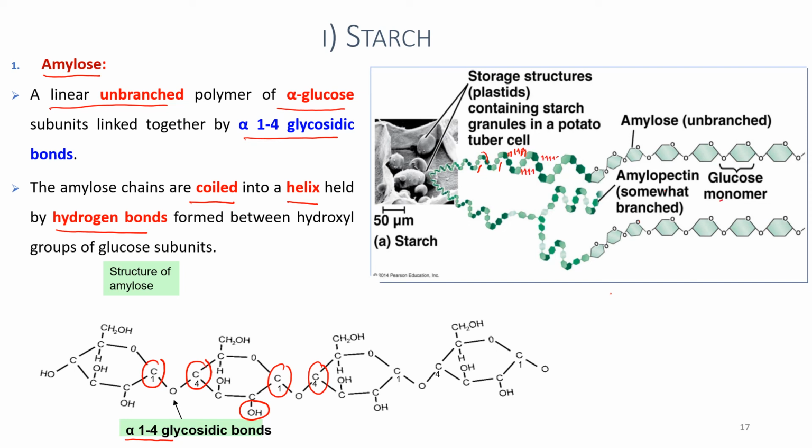So this is the structure of amylose. It is unbranched, it is coiled into a helix, and the helical structure is held together by hydrogen bonds. The glucose monomers are held together by alpha 1,4 glycosidic linkage.